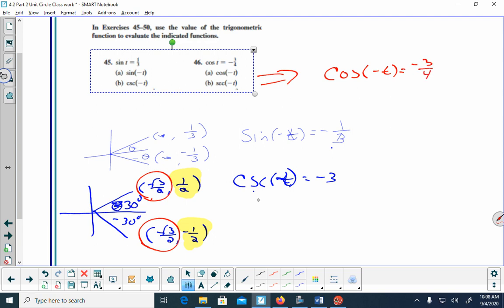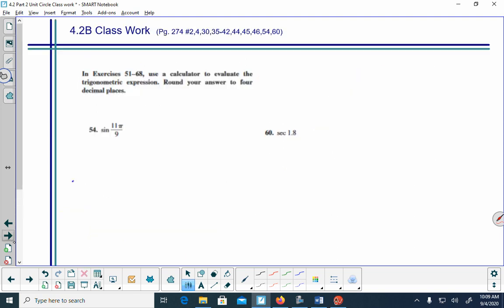And then the next one, they want me to find the secant of negative t, which is the reciprocal of the cosine of negative t. So I'm just going to take this and flip it. I'm going to have a negative 4/3. So those ones, when they give you some random value like that, they're asking you to apply the even and odd function properties.